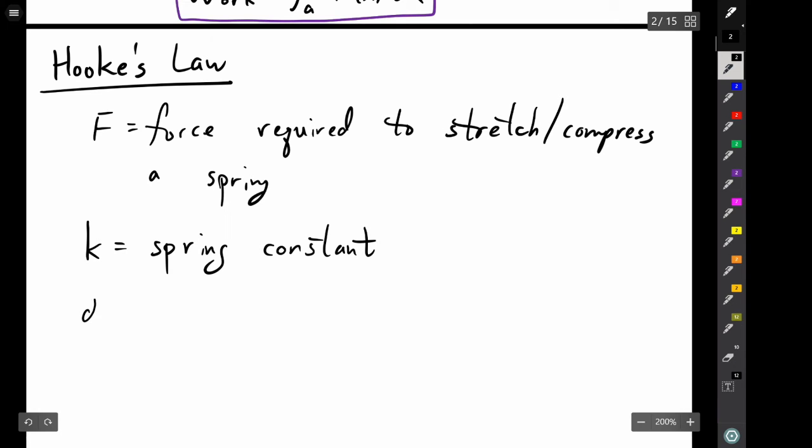And of course, let's use x. x is going to be the distance compressed, or stretched.